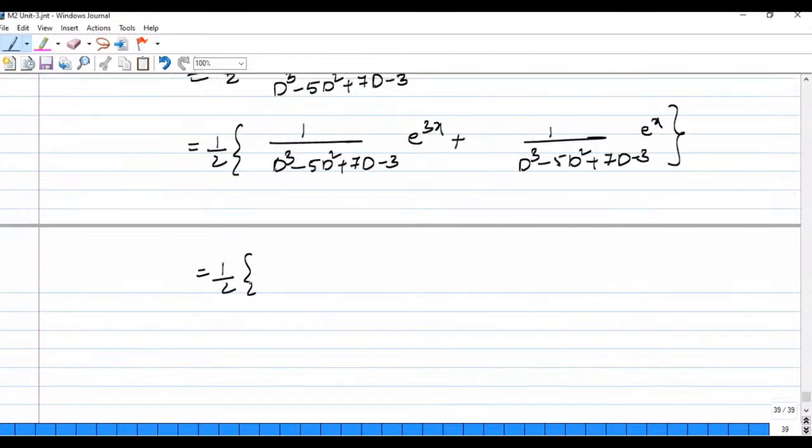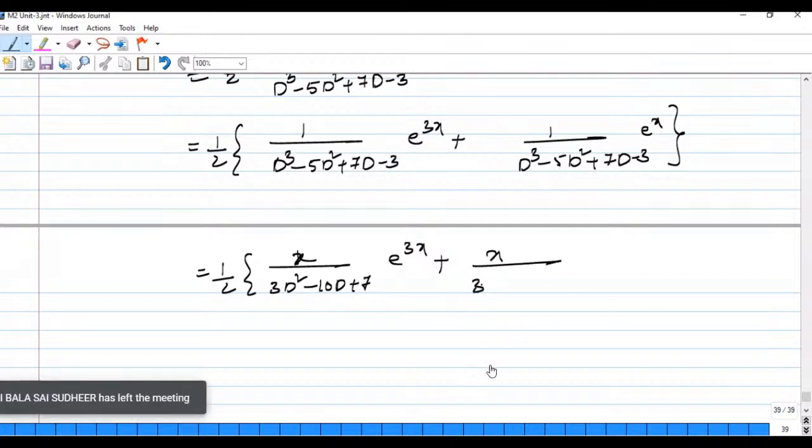What about the denominator? 0. So x by 3D square minus 10D plus 7 into e power 3x. If you put D equal to 1 here, it is also 0. So x by 3D square minus 10D plus 7 e power x.